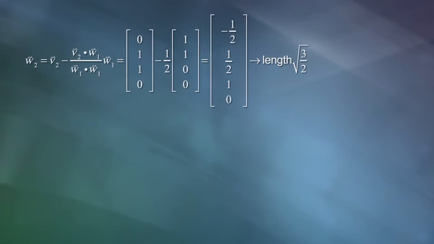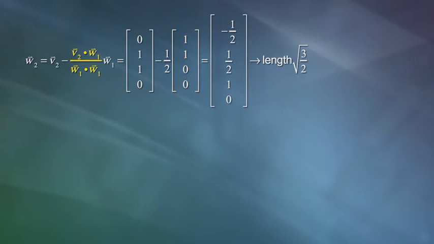We'll set W2 to be V2 minus the component of V2 in the W1 direction. So V2 is the vector 0, 1, 1, 0. And we are subtracting off some multiple of the vector 1, 1, 0, 0, which is W1. Which multiple?